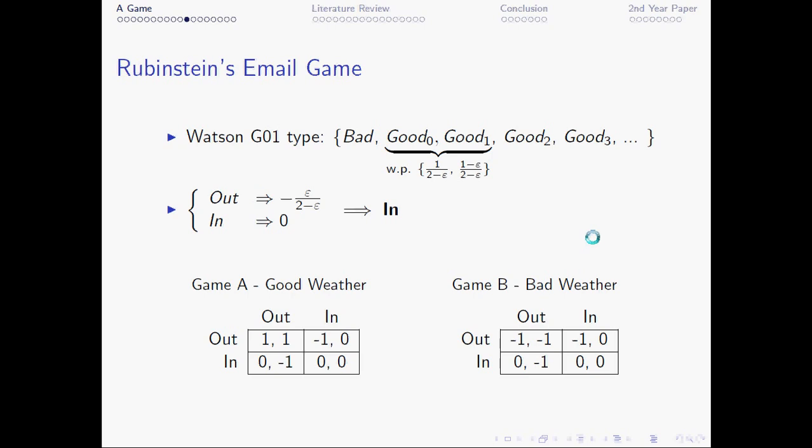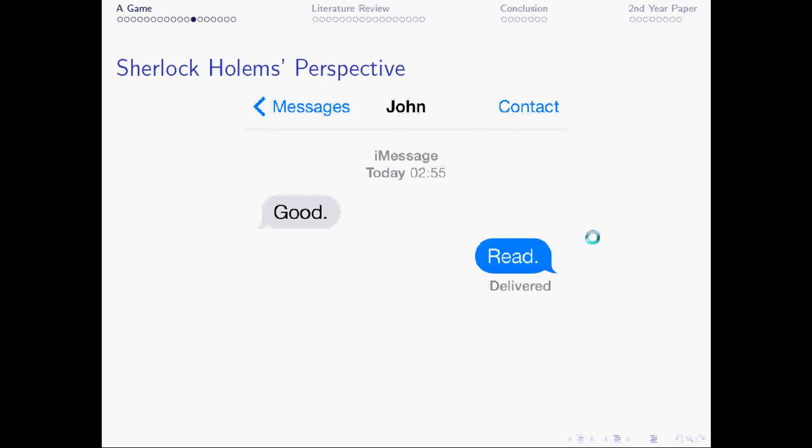Next, in Sherlock Holmes' perspective, I will try to explain it the way Sherlock Holmes usually does, with the power of deduction. So the reasoning goes like this. There's no reply to my reply. So either my reply is lost or John's reply to my reply is lost.